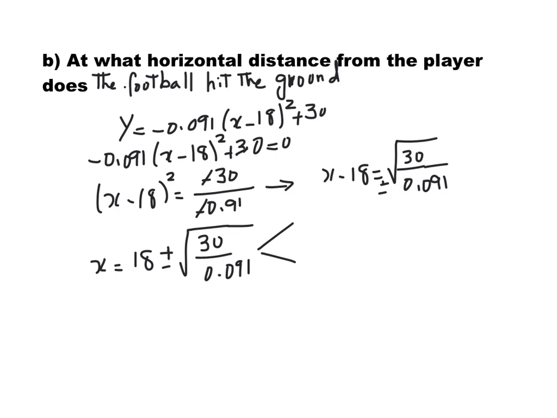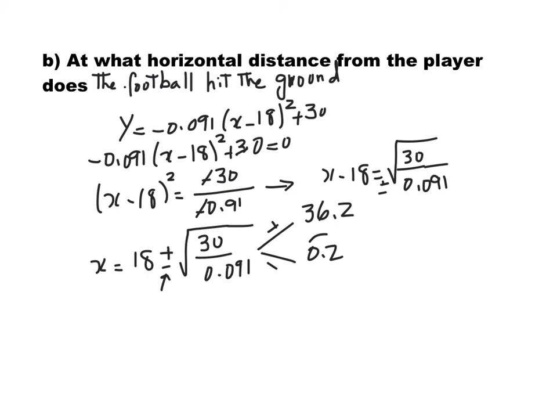If we go with the positive, if we find the square root of 30 over 0.091, plus 18, I'm going to get approximately 36.2. If I go by the negative, 18 minus the square root of 30 over 0.091 is going to give me approximately 0.2. But remember that we are having a round-off error here.